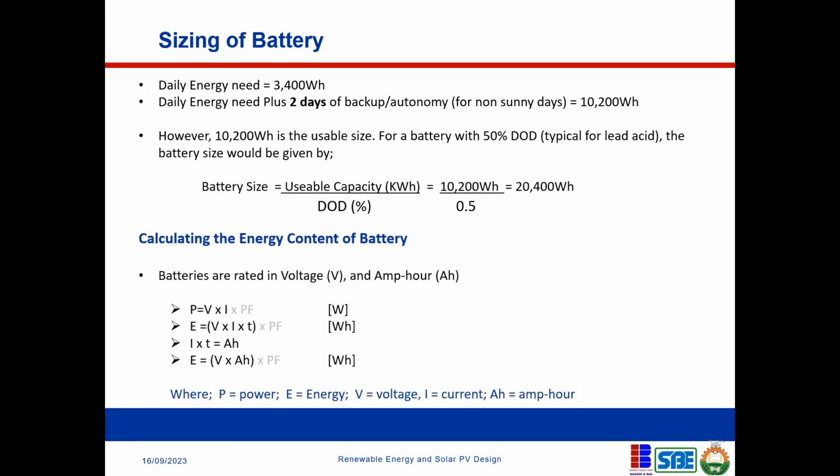Okay. Now let me explain something again in calculating the energy content of a battery. When you go to the market to buy a battery, in some places they will rate the battery in kilowatt hours. So they will say this battery can have an energy storage of maybe 2.4 kilowatt hours, especially for lithium iron phosphate batteries. Most of them are rated in kilowatt hours.